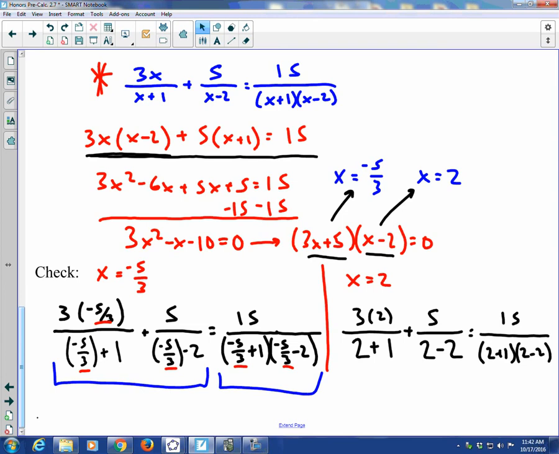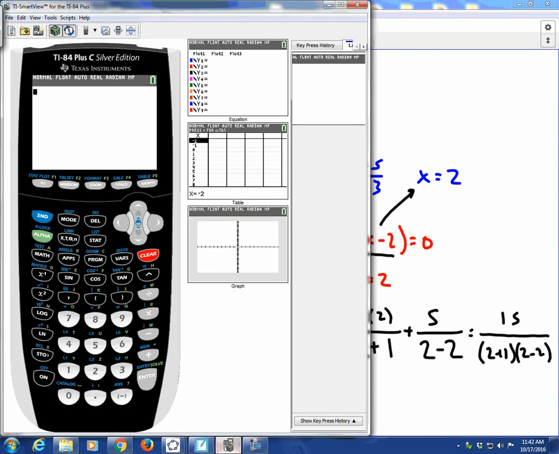So right here, we'll take out our calculators, and we will type in our 3 and then times negative 5/3 divided by, open parenthesis now for the denominator, and we've got negative 5/3 and then plus 1, and then right here we're adding that to 5 and then divided by open parentheses, and that's going to be negative 5/3 and then right here minus 2, and then we'll close that parenthesis.